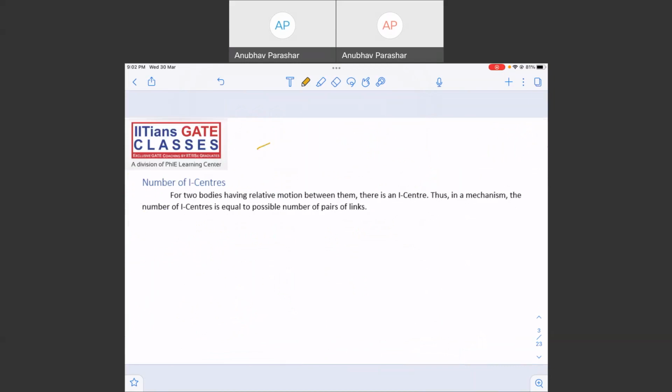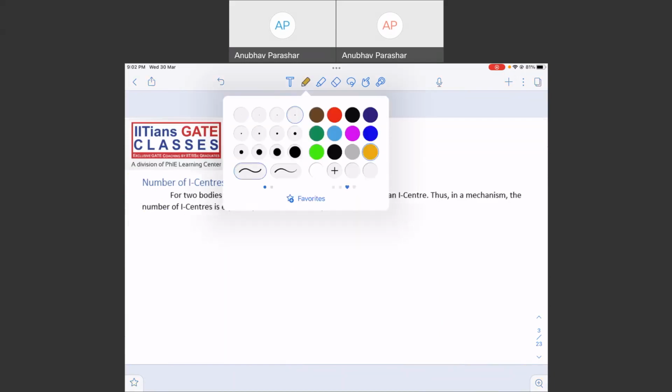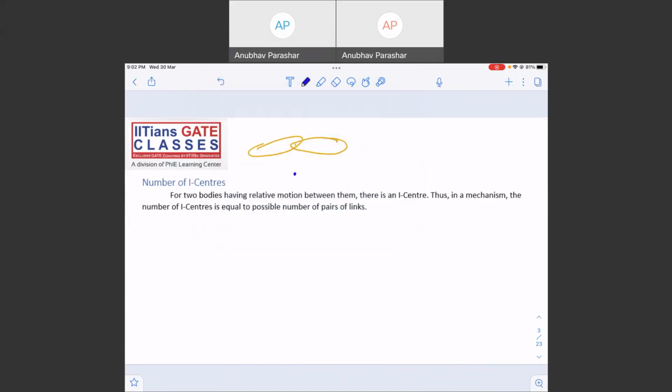Suppose there is a link and there is one more link. For these two links, is there any I center? Yes. For these two links also there can be an I center. Suppose this is the I center for these two bodies. About this I center, it looks like at this instant both the bodies are rotating.